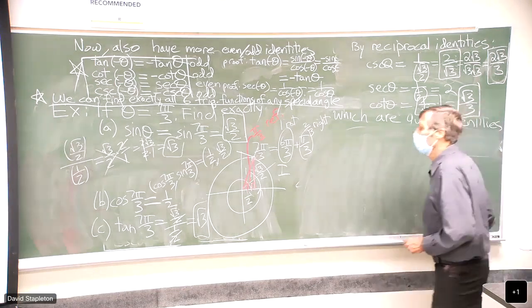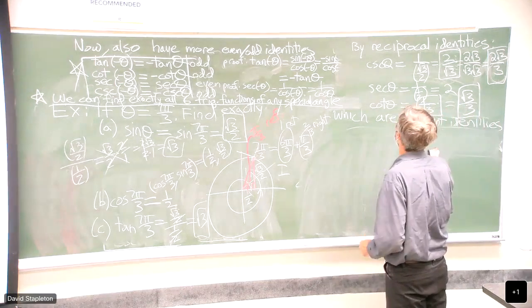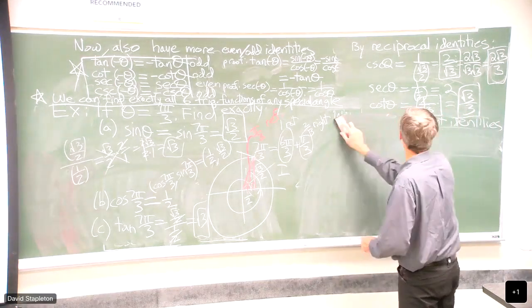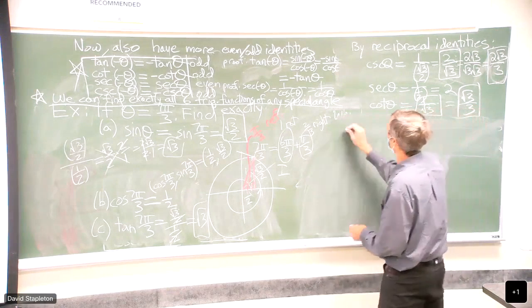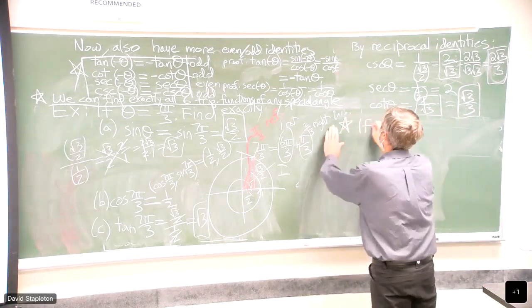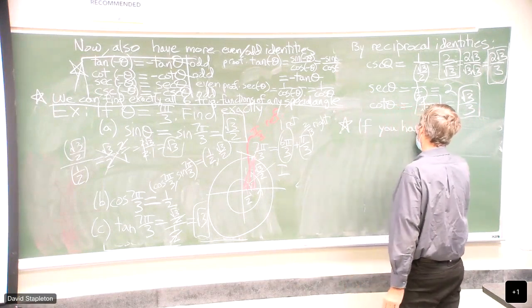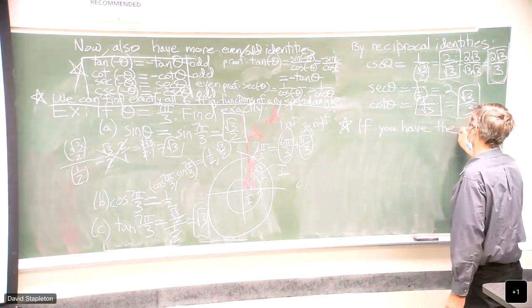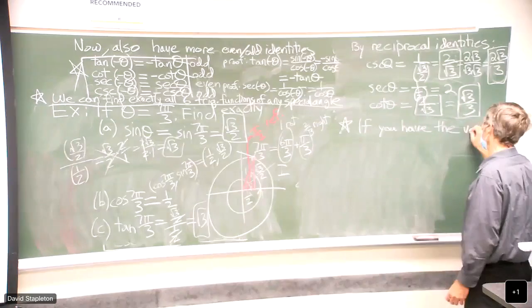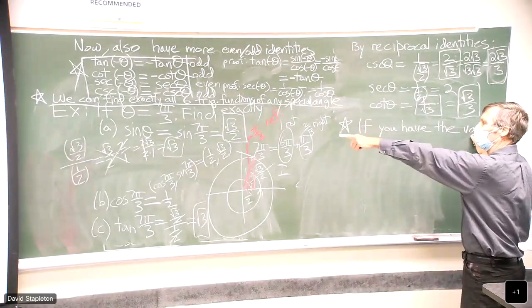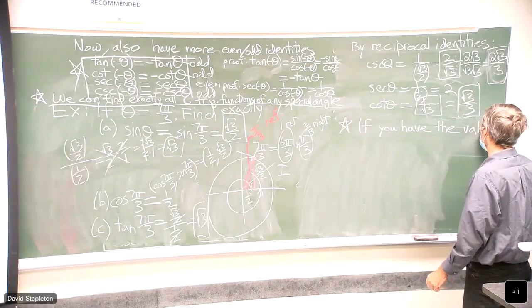Here's another one. This is the next principle. So the next principle is if you have the value of one trig function instead of just the angle, right? So there we said if you have a special angle, you figure all 6 trig functions.